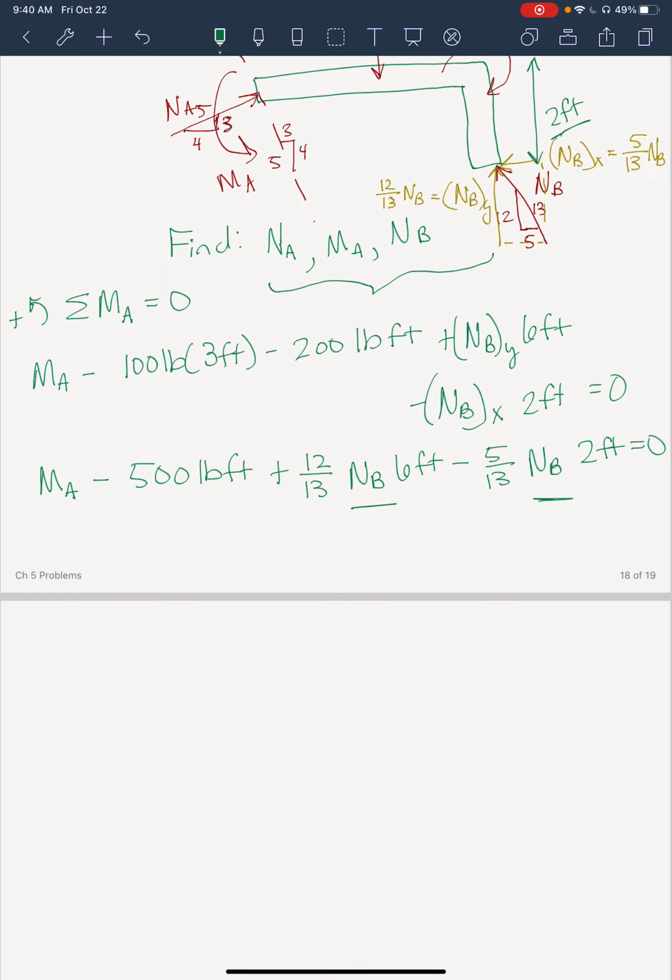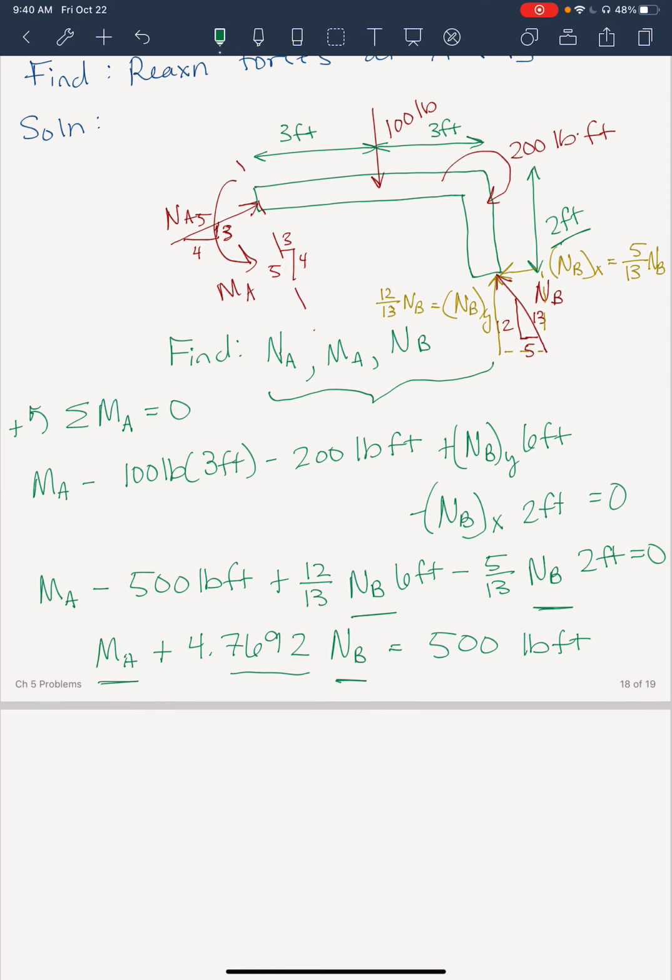And we get MA plus 4.7692, I'll keep using my calculator to make it a little bit more accurate, times MB, and that equals that 500 pound-feet. So we have two unknowns.